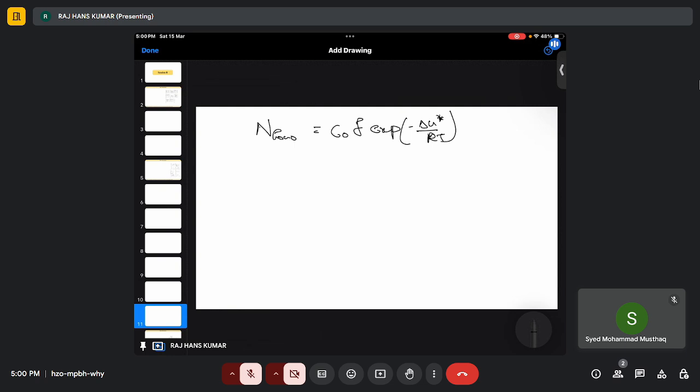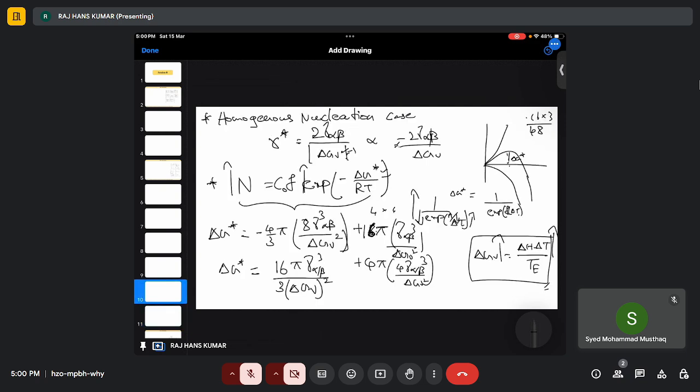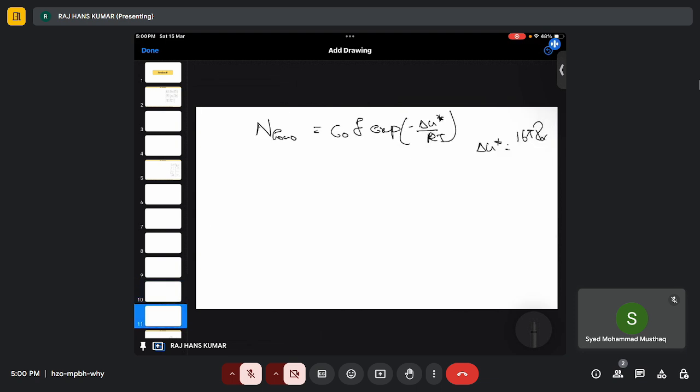Right. So what is my delta G star? Delta G star will be equal to 16 pi gamma cube upon delta GV whole square.